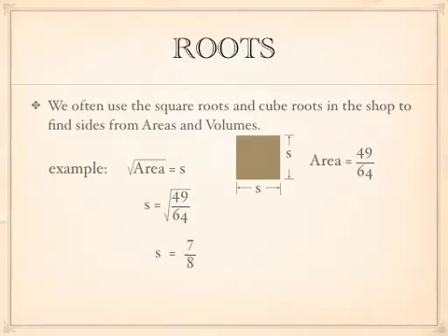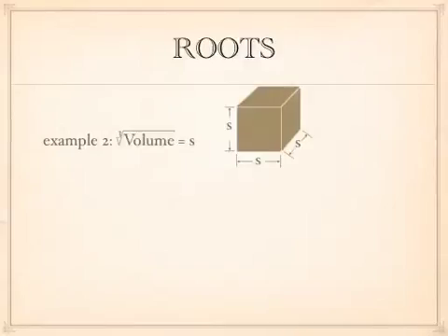Let's take another look at another example, this time volume. Here we have the volume of a cube, and the third root of it is equal to the length of the side. If that volume is 425 thousandths, then the third root of the 425 thousandths is equal to the length of the side.